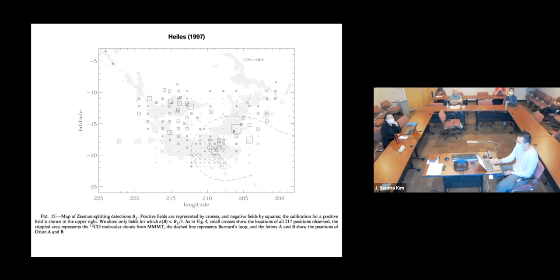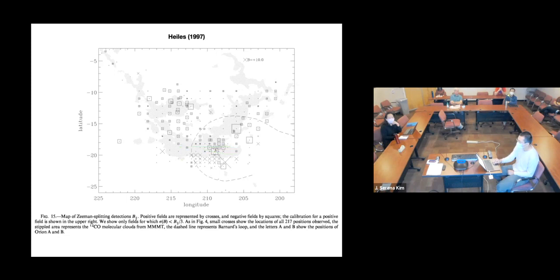And since then we have known that this Orion A complex has this flipped magnetic field along the line of sight. So on the top, Orion A is here, it's basically this thing. Yeah.